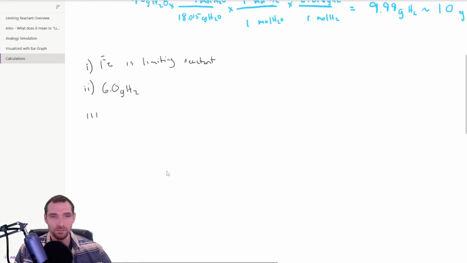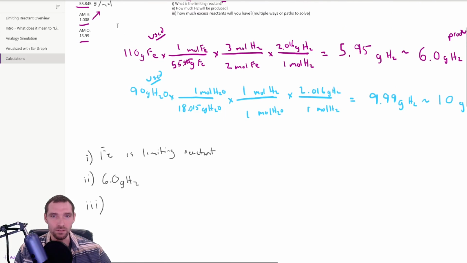We start off, and it's going to start off kind of the same. If we start with this used, and we now know that this is what's limiting us, we can say how much could that potentially have reacted with.